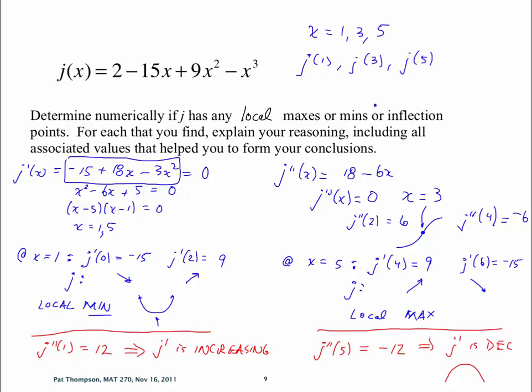Get those y values, right? Get those values of that dependent variable, and those would be points on your graph of j. 1 comma j of 1, 3 comma j of 3, 5 comma j of 5. And then with all this that we've got, local min, inflection point, local max, all the concavity, you just make the sketch, right? You can make the sketch through those points.